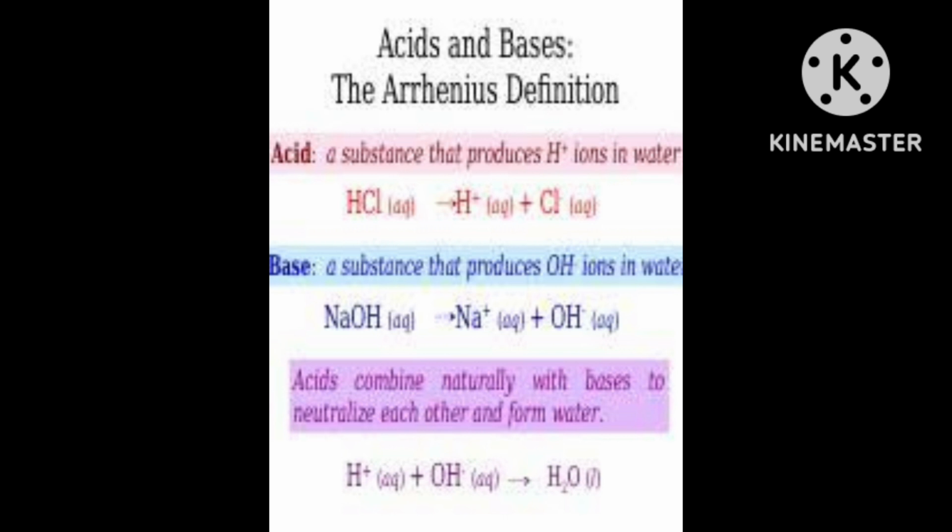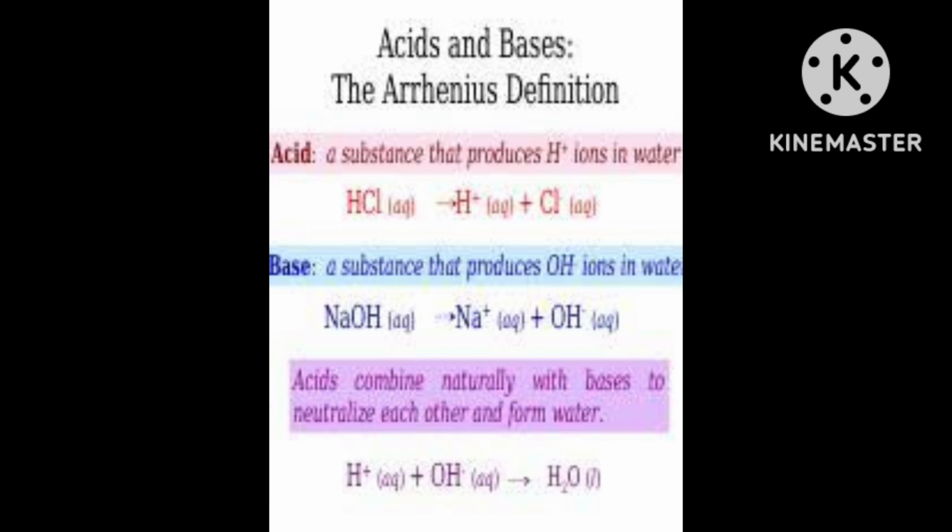Now you can understand: nitrogen in ammonia has a lone pair of electrons, which it will donate to boron. Boron will accept. That's why ammonia behaves as a base, and BF3, which accepts a pair of electrons, functions as an acid. This is the example I have told you.